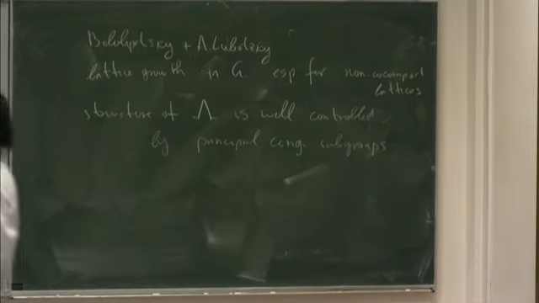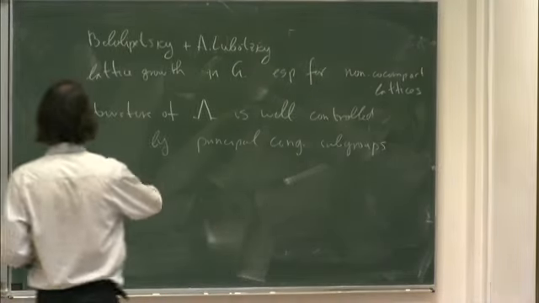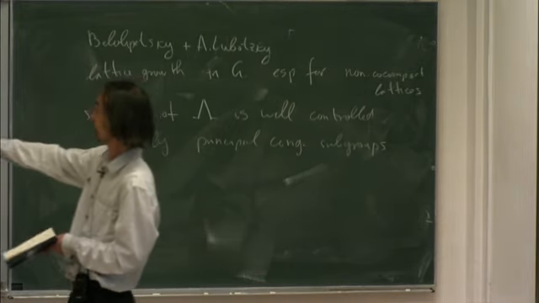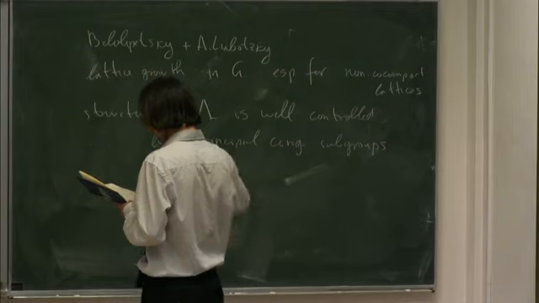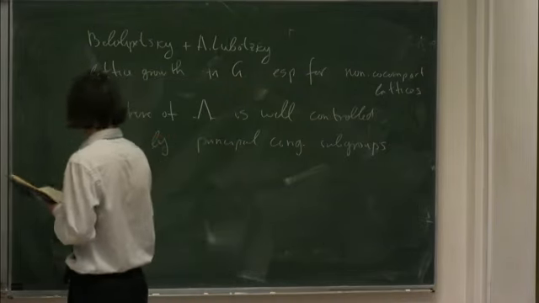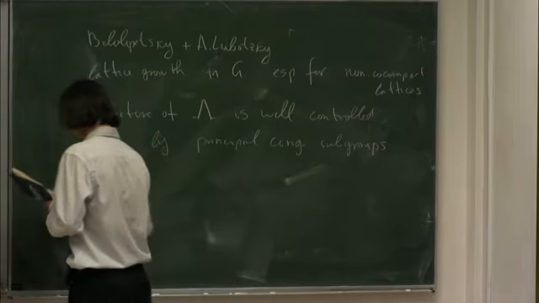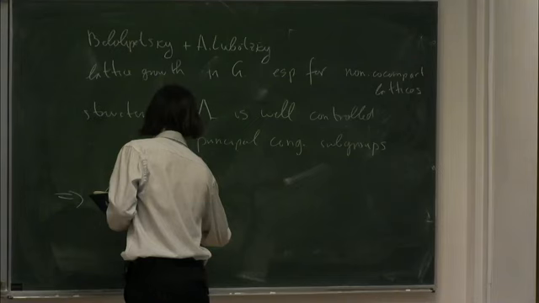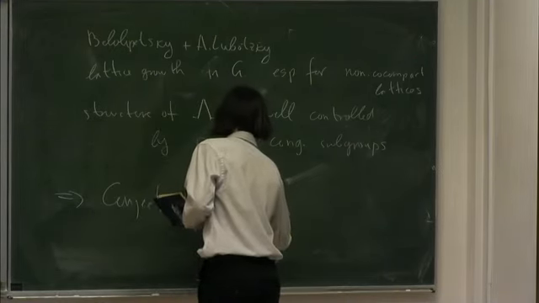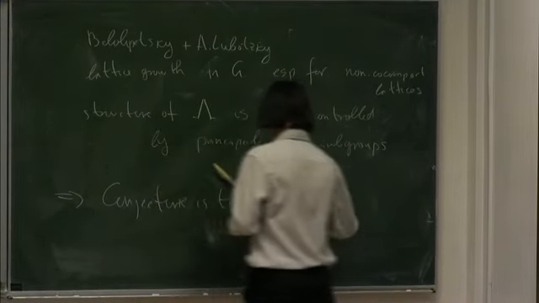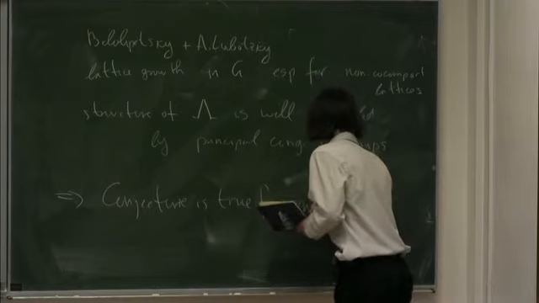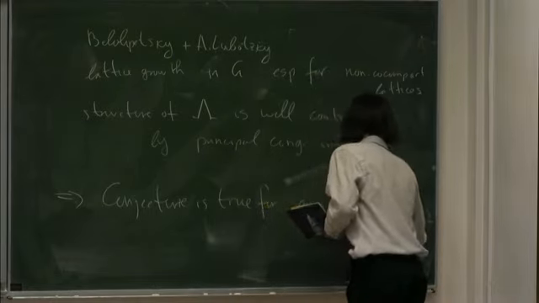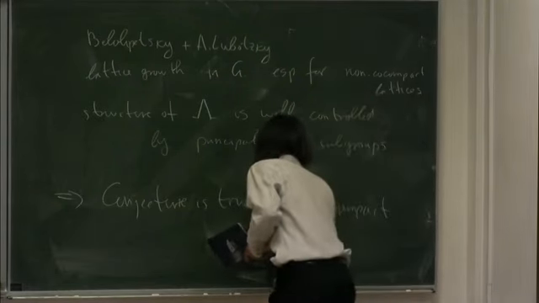If you put everything together, our observation is that these results are all pretty deep and hard, but the observation itself is putting them together, and it says then the conjecture is true for a non-cocompact sequence.